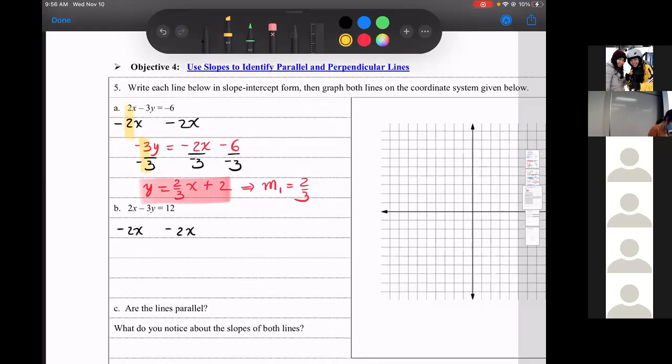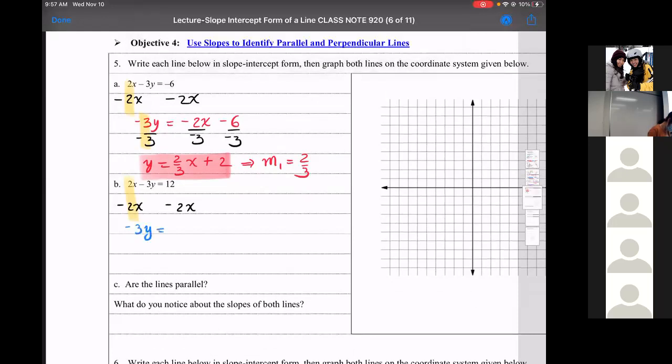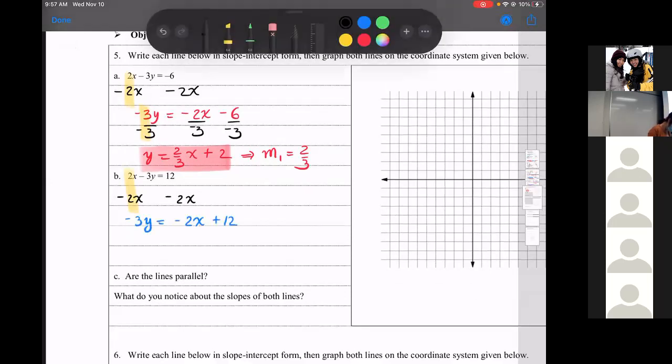Does anyone have a final answer yet? Divide both sides by negative 3. Thank you, Emma. Yeah, now you can plot. Thank you, Allison.